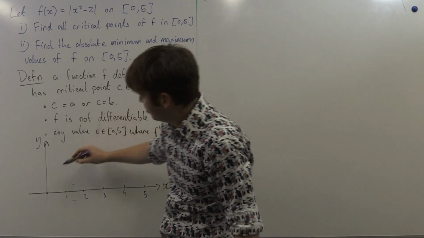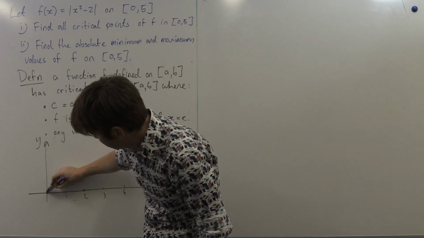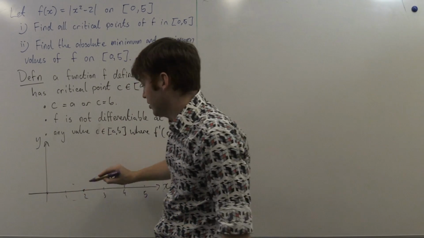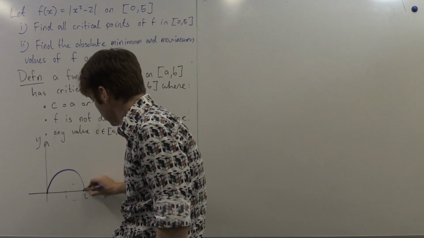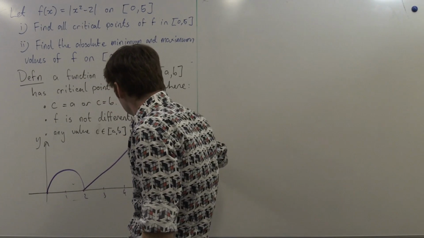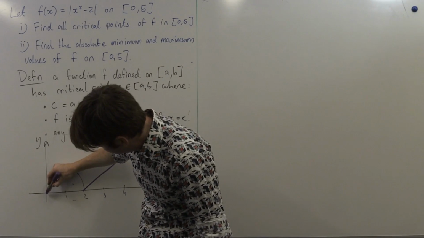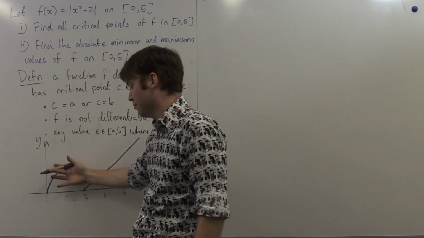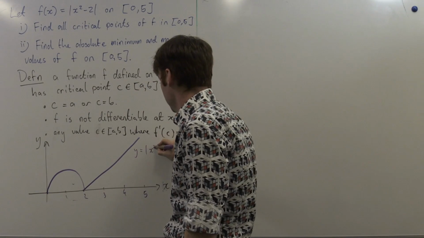X squared minus 2 is a parabola going through here, going through 0 and going through 2. And the absolute value of that is I just make the whole thing positive. So it goes something like this. Like that. So the parabola, anything that was negative I just reflected. And this is the graph of y equals absolute value of x squared minus 2.